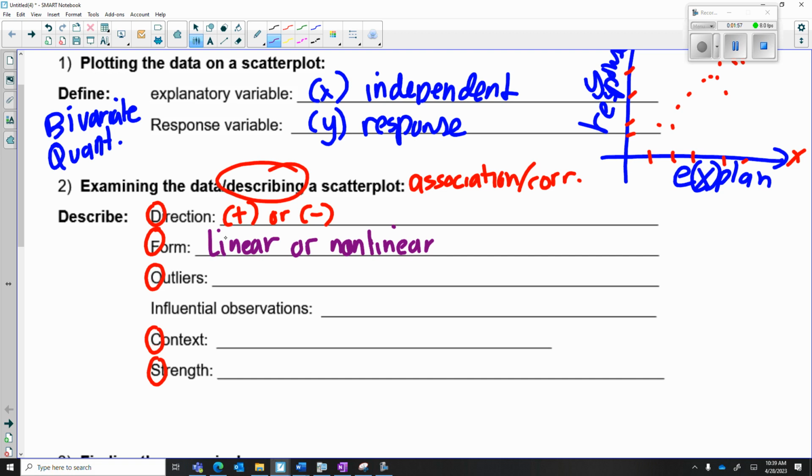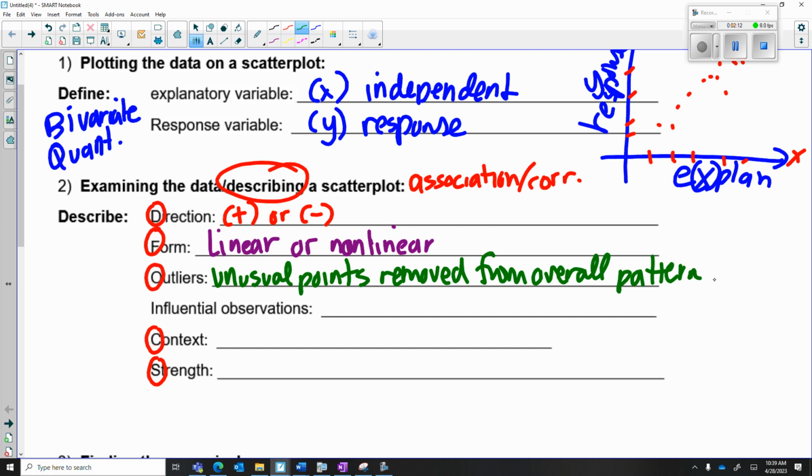If there are any outliers, we want to talk about that. They are unusual points that are removed from the overall pattern. Some points are specific types of outliers called influential observations.